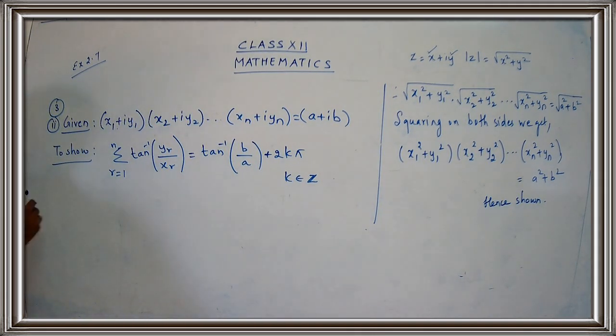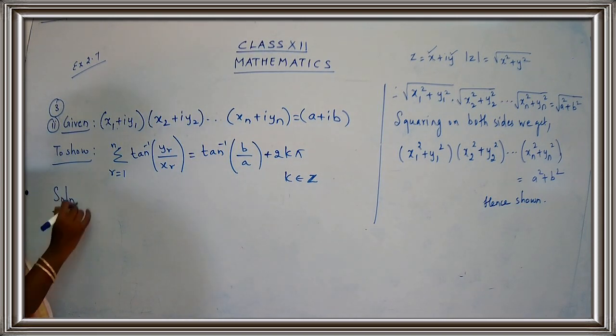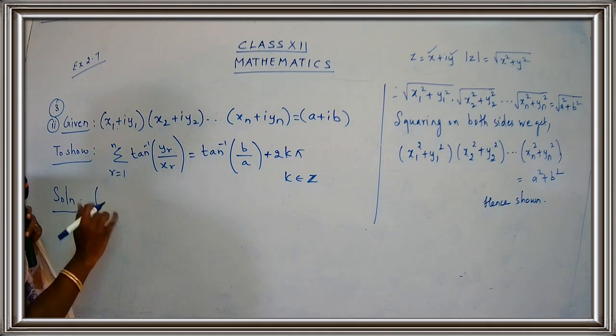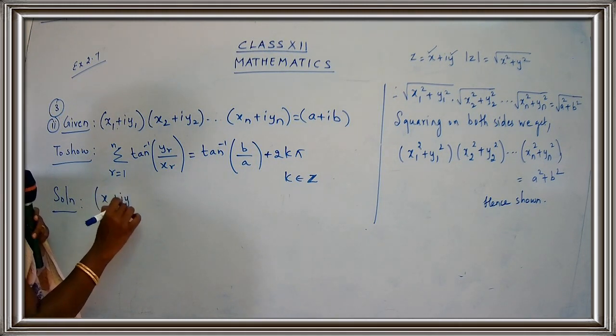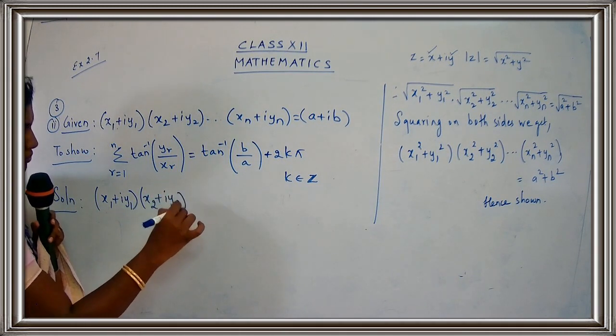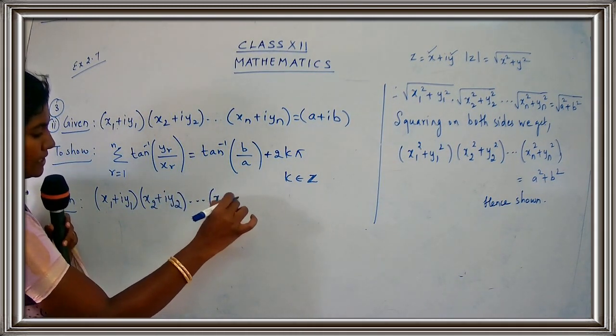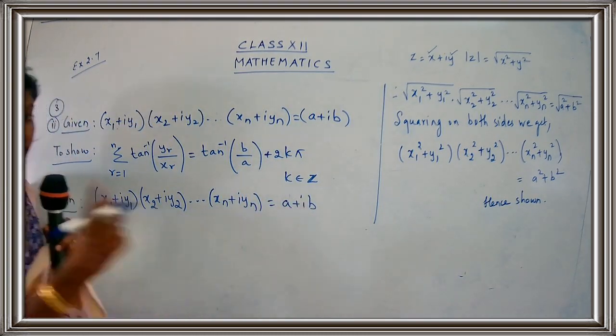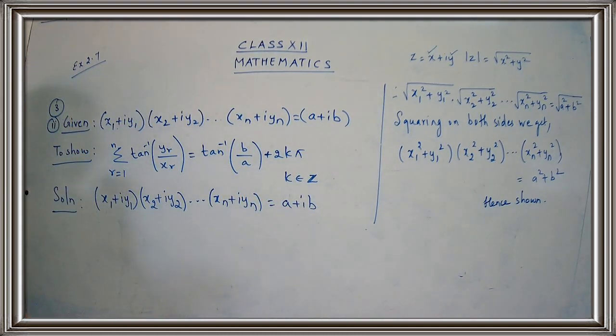I'll just put here solution, and I'll write down the given part once again. x1 plus i y1, x2 plus i y2, xn plus i yn is equal to a plus ib. For the previous part, we took modulus on both sides.